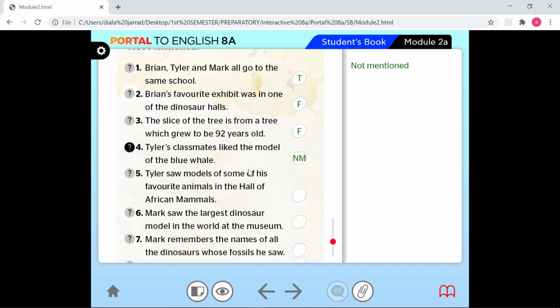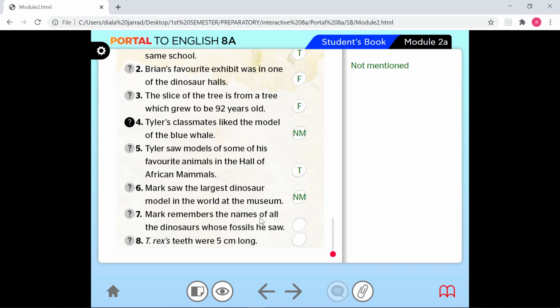Tyler saw models of some of his favorite animals in the Hall of African Mammals. هل كان الكلام هذا عن تايلر؟ Yes, true. Mark saw the largest dinosaur model in the world at the museum. Not mentioned. Mark remembers the names of all dinosaurs whose fossils he saw.